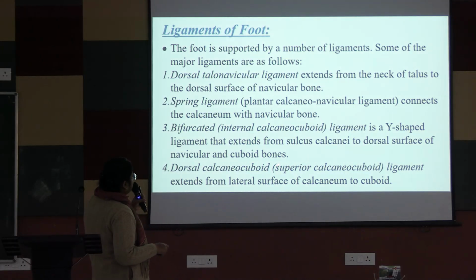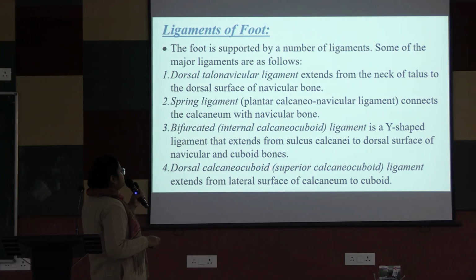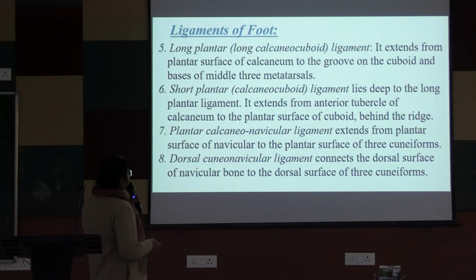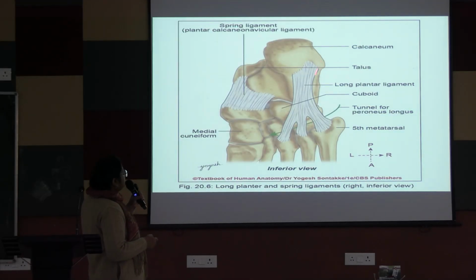Next is the dorsal calcaneocuboid, the superior calcaneocuboid ligament, which extends from the lateral surface of the calcaneum to the cuboid. Next are the long plantar and short plantar. I will show the picture. This is the long plantar ligament connecting the calcaneum with the bases of the metatarsals.